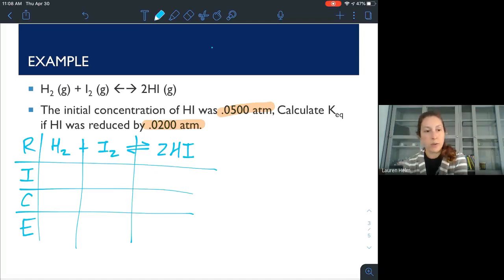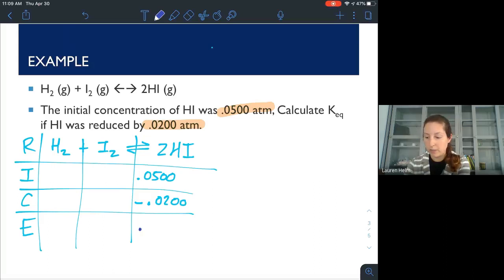And then what do I know? Well, my initial concentration was 0.05 atmospheres. And it was reduced, or my change was 0.02. So now that's what I know. The first thing I'm going to do is figure out my equilibrium concentration, or in this case, pressure of the HI.